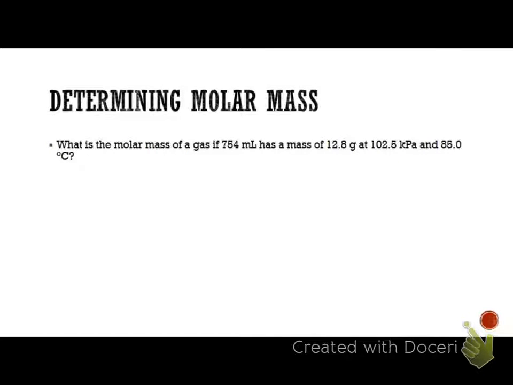In this question, we're still determining molar mass. And so we're going to use this MM equals dRT over P. It says, what is the molar mass of a gas that has 754 milliliters and 12.8 grams? And then we're at kilopascals and 85 degrees Celsius.